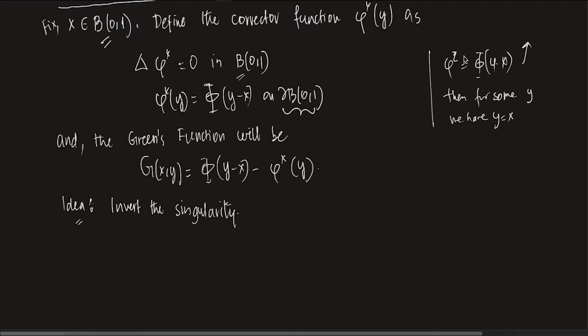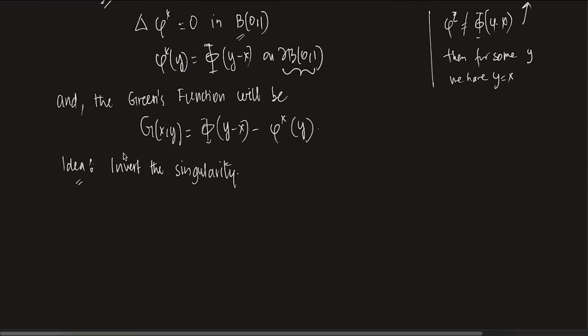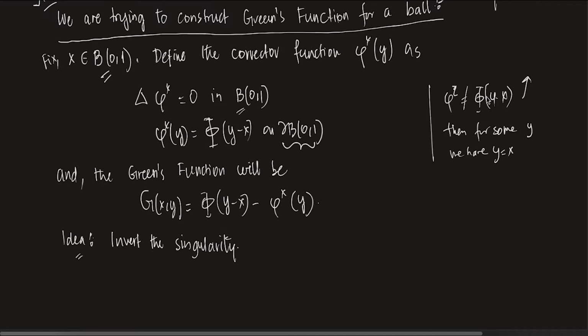So this is not a good option in the ball. So basically what we want is a function which equals the fundamental solution at y minus x on the boundary, but phi of x is harmonic in the interior of the ball. You do understand what I'm saying? Okay, so let's try to construct such a thing. That is why we want to invert the singularity, because definitely there is a singularity if I want to do something like this.